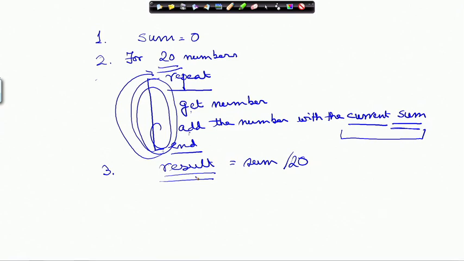So, here you see in the earlier example what I did is read first number, read second number, read third number, read fourth number, like that. Here I have just expressed it in a smarter way, that for 20 numbers do this activity repeatedly 20 times. So, that is another way I can express it, all right.